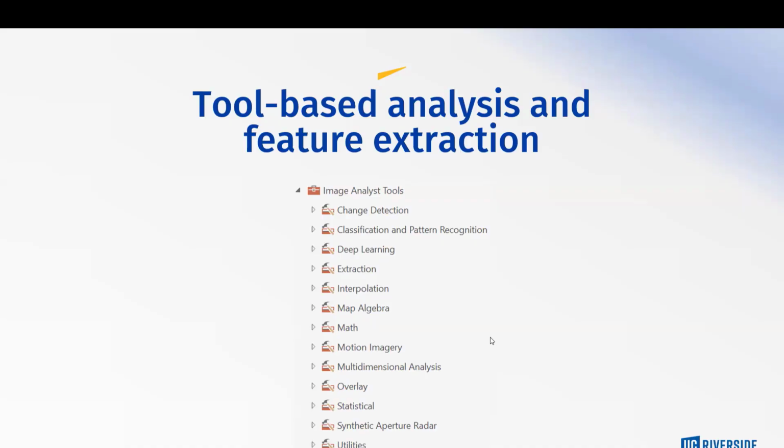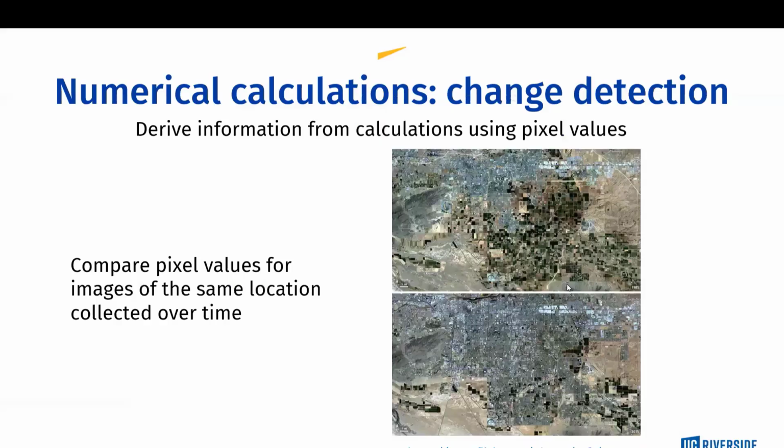So let's go ahead and dive in a little bit to some of the higher level categories that we have here. Like I said, change detection is something that you can compute because we have these numerical values associated with pixels. This image, I believe, is of an area outside of Phoenix. The top image is 1985. The bottom image is 2011.